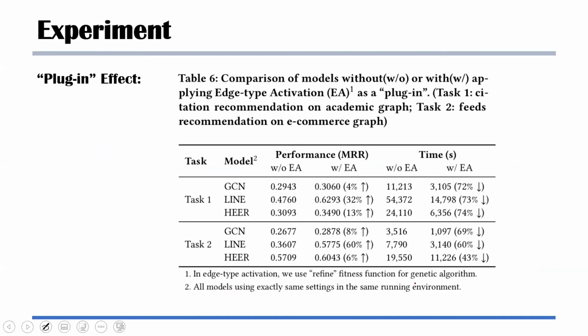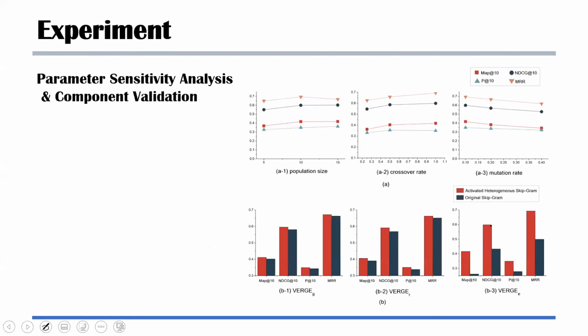This is a little bit like an ablation test. We have some comparison with the edge type activation and without it. You will find the performance really increases while the cost decreases, which means this algorithm can be quite effective in dealing with a very complex heterogeneous graph.